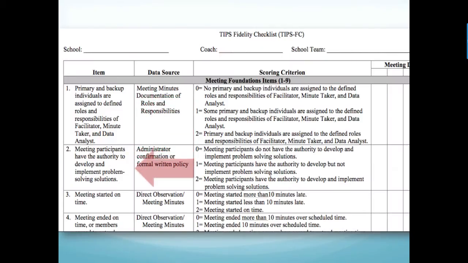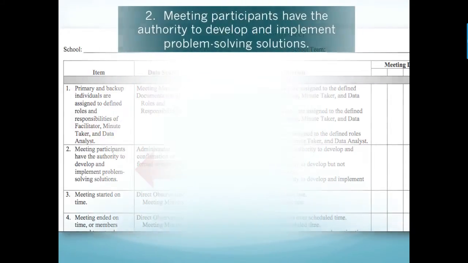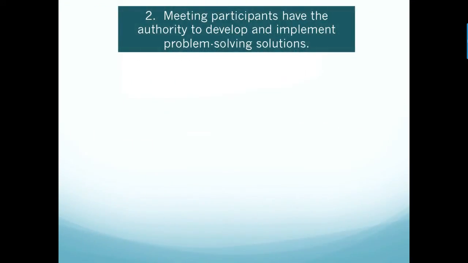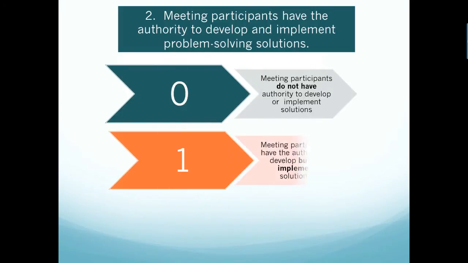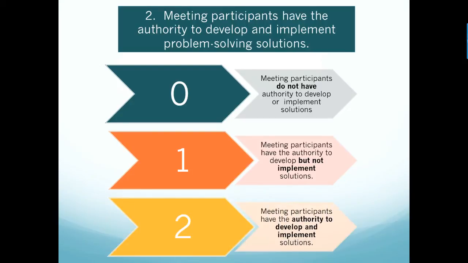Item number 2 reflects the ability for the team meeting participants to be able to implement whatever solutions they identify as appropriate for the problems that they are discussing. A score of 0 is going to reflect that they do not have that ability. In other words, they may have to go and seek authority outside of the team representation to ask whether this is an appropriate solution to put in place.